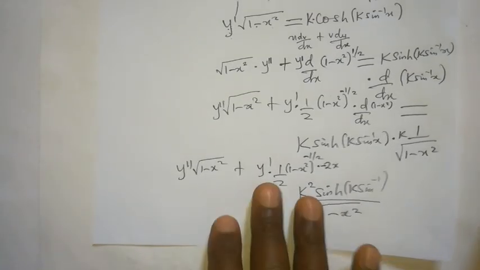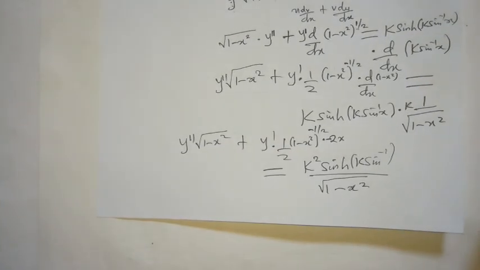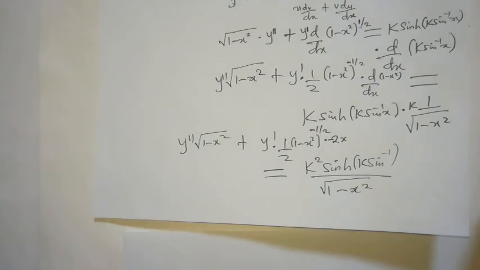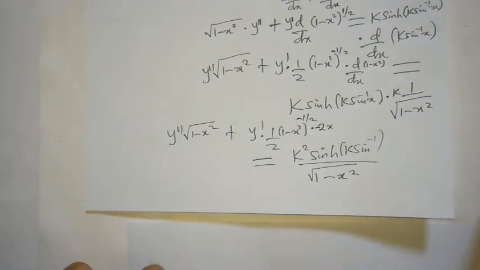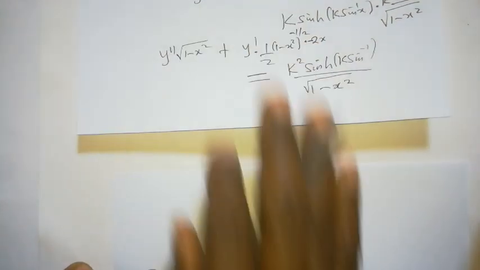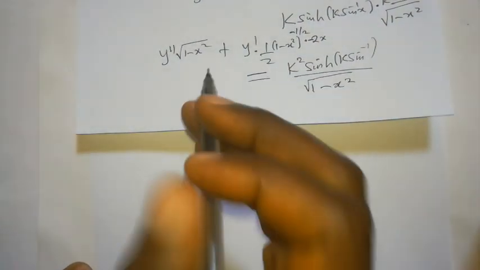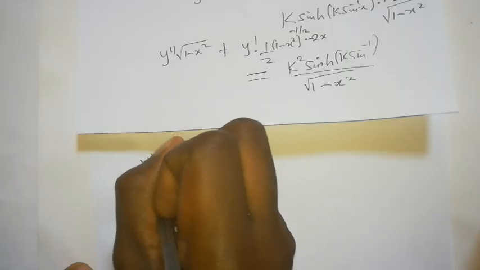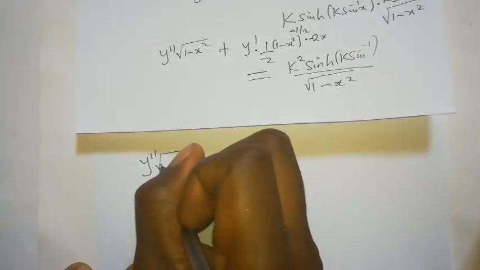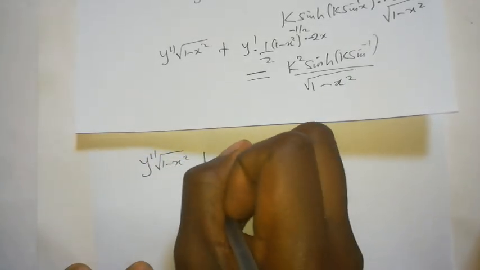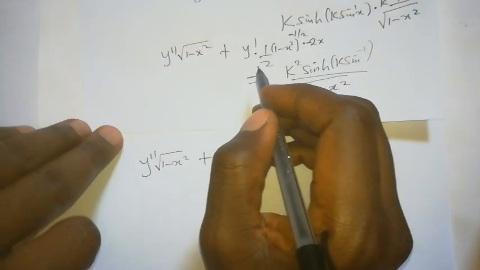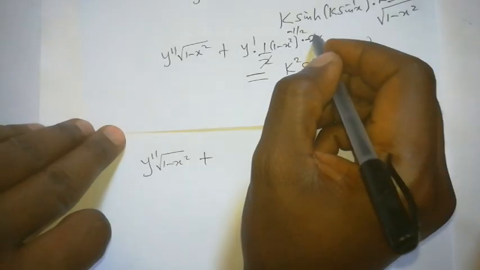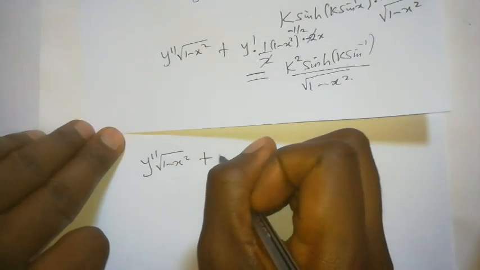So let's progress. In that case, as you can see, now we are going to have y prime prime square root of 1 minus x squared plus, you see this 2 here will cancel these 2, so we are left with what?